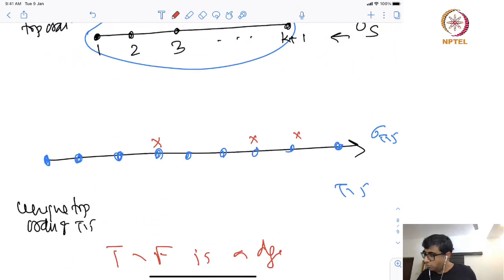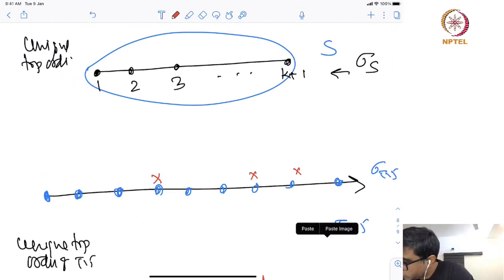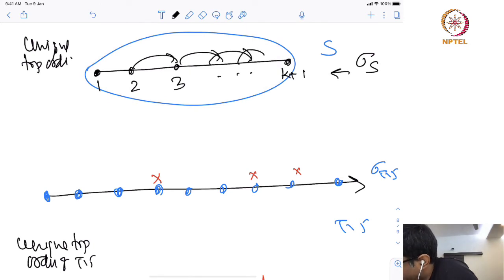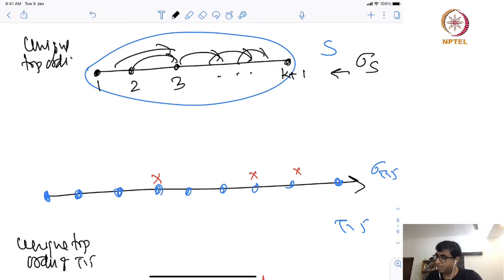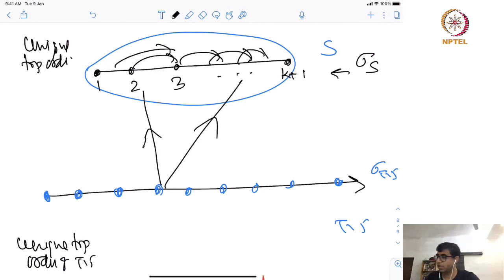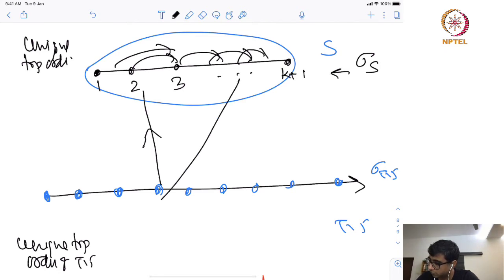Now, some reduction rule. What do we know about this? All the arcs are going like this here. Let us fix a vertex that has an arc like this, some vertex 2i.